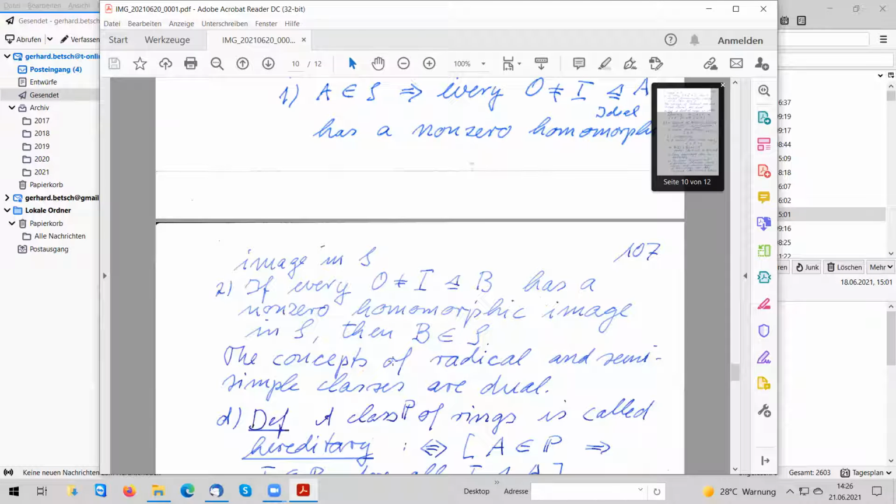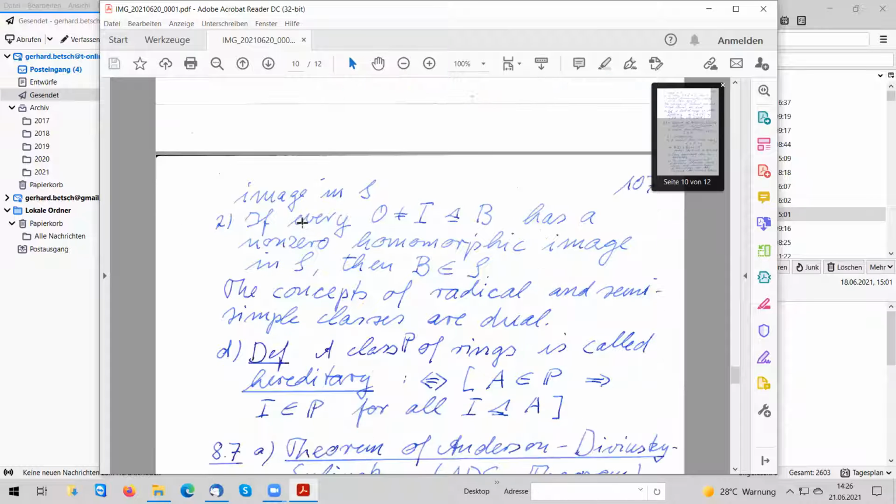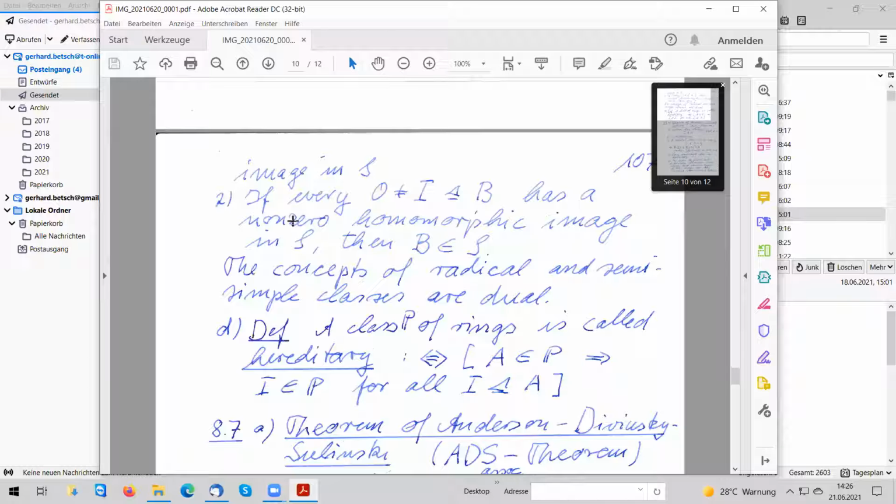It's normally confined to sets, but S is not a set. The concepts of radical and semi-simple classes are dual. One may play with this and find out that this is true.